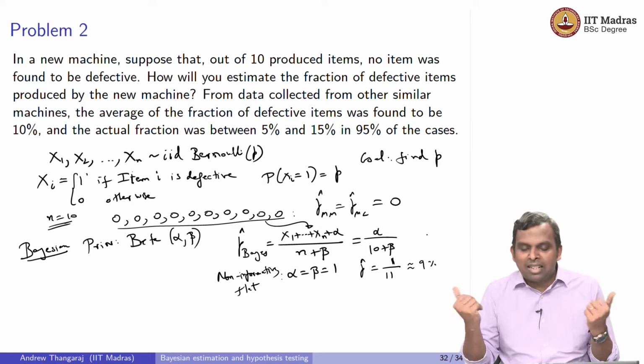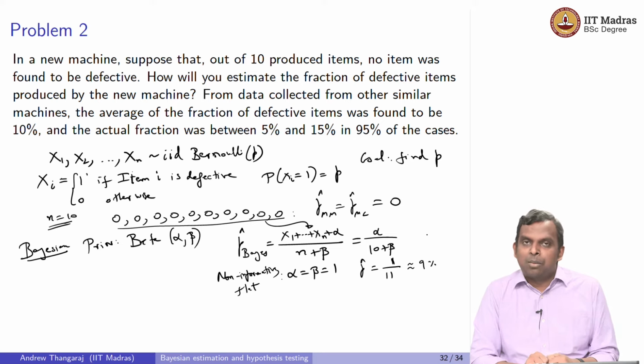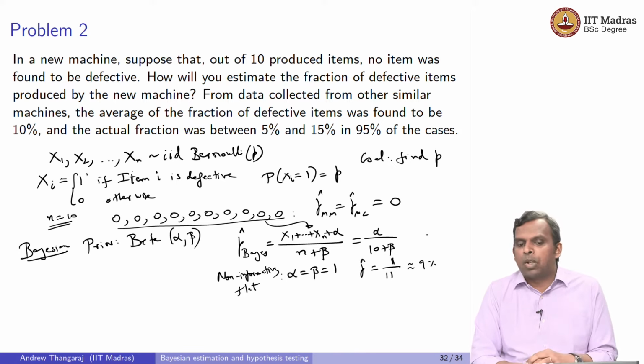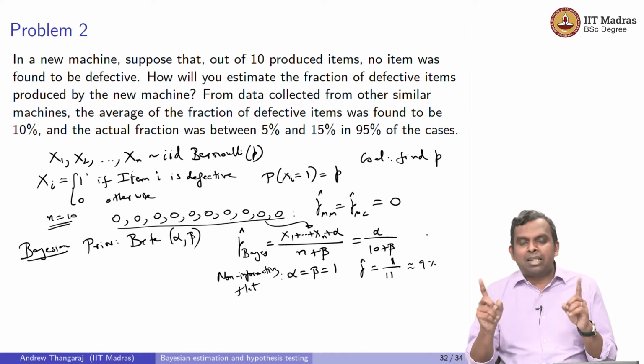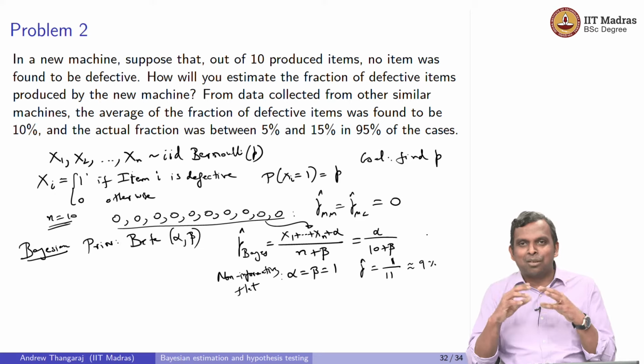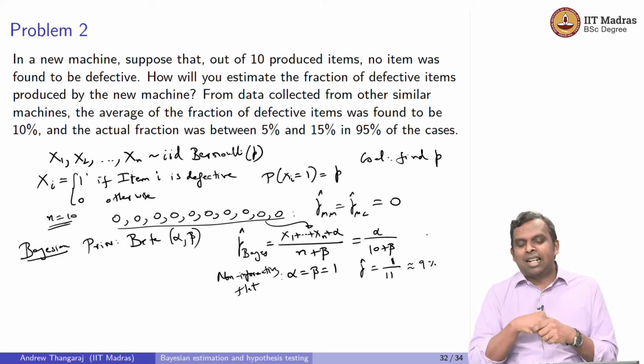What is generally known is that the expected value for this fraction is about 10%, and between 5% and 15% in 95% of the cases. So it's a pretty decent machine. It doesn't go bonkers all the time, but it's between 5 to 15% in 95% of the cases.